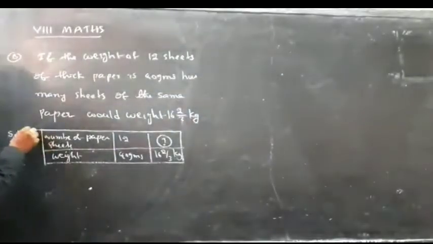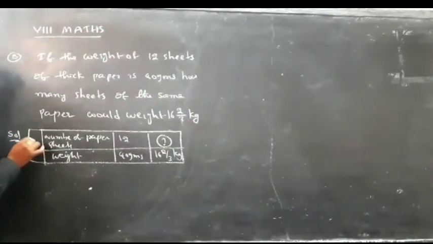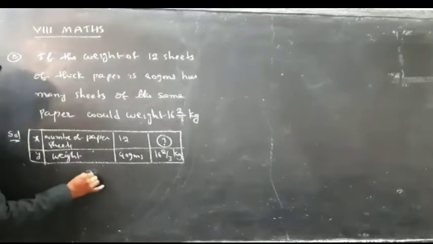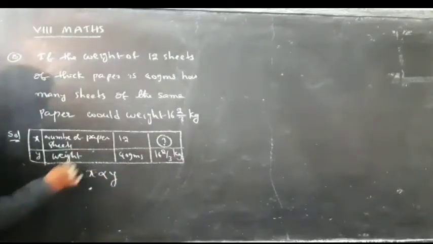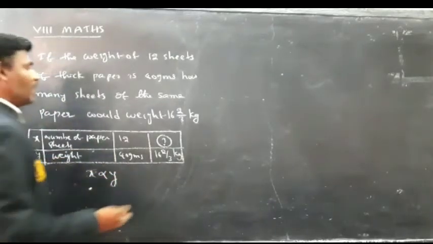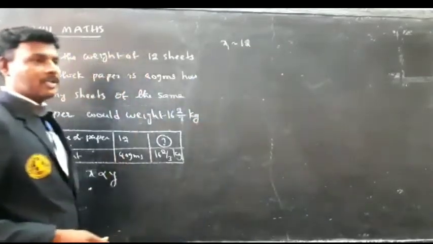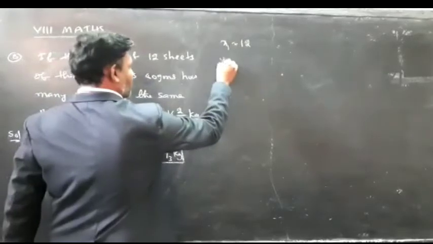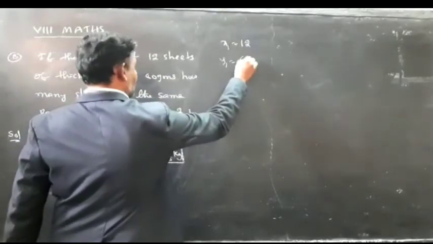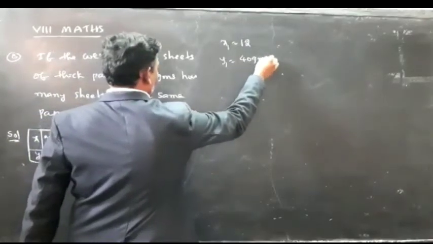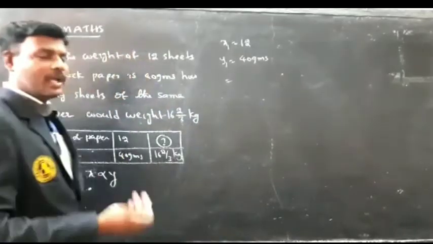See, I am taking the number of paper sheets as x and the weight of the paper sheets as y. Here the condition is x is directly proportional to y. x1 is equal to 12 paper sheets. y1 is the weight of the paper sheets, 40 grams. Here I am converting grams into kgs.